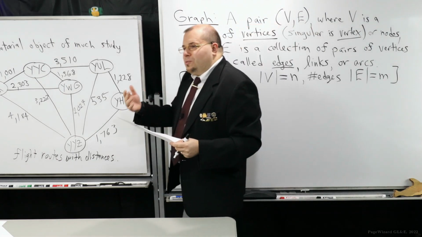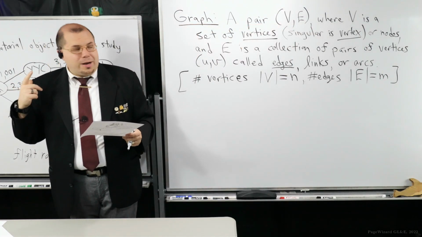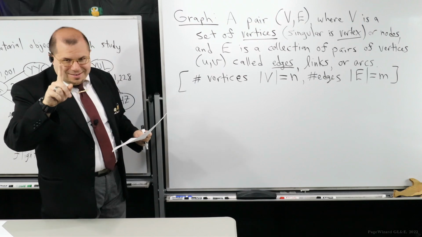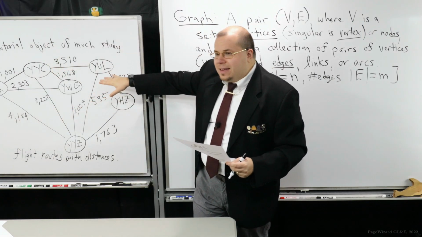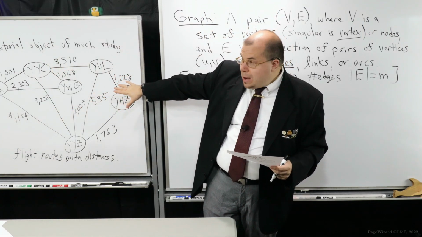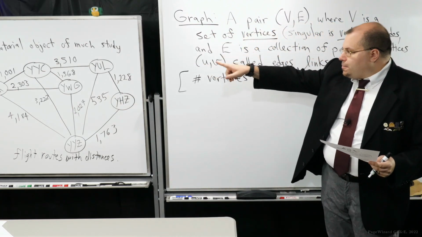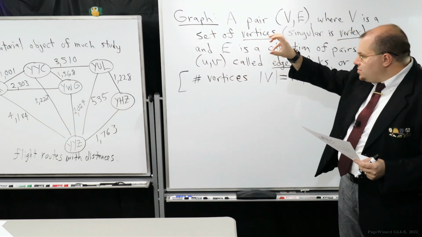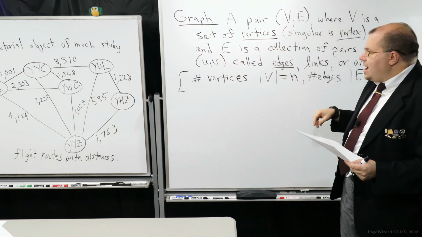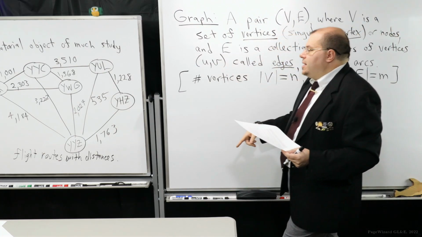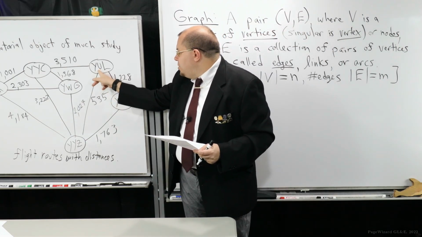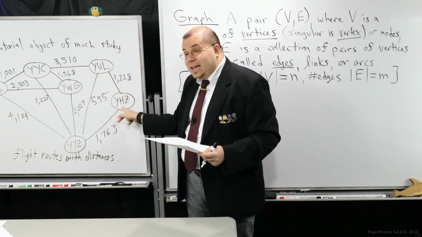So I thought we'd do one, just to really illustrate this point and re-emphasize it, because I think it's really important. Say, for example, in our application over here with the route map, our flight routes. The set of vertices here would be your airports. So each one of those will be one vertex. And say, for example, we have a connection between YUL and YHZ.